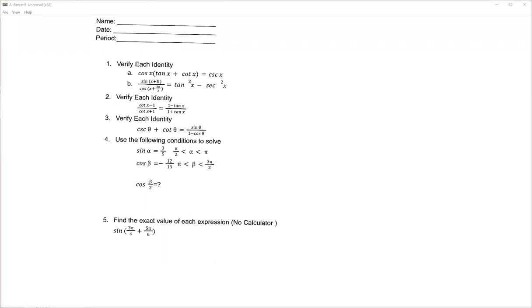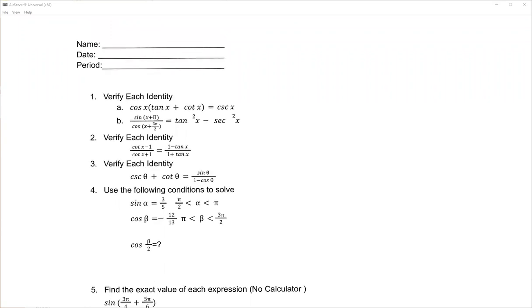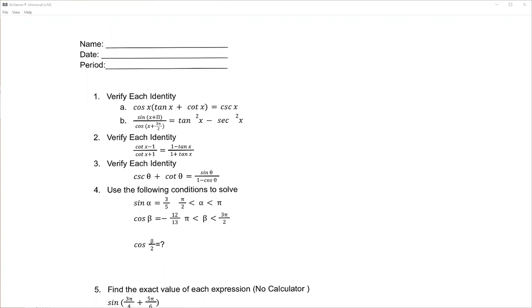Okay, number one here, 1A. You have cosine x times tangent x plus cotangent x equals cosecant x. Let me make sure I have my notes. For this one, we have cosine x and then convert it to sine x over cosine x plus cosine x over sine x.